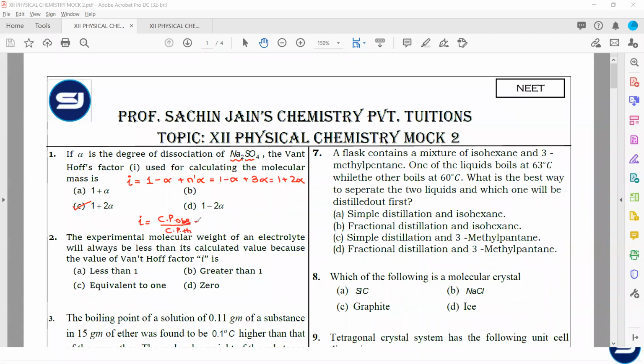But with respect to molar mass, the relation is theoretical upon observed, because colligative property and molar mass are inversely proportional. As per the statement, the experimental molecular weight is less than calculated, so the theoretical would be greater than the observed, meaning the value of i will be greater than 1. So that's the case of association.